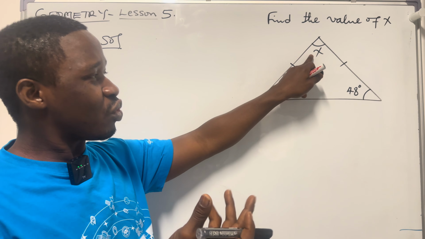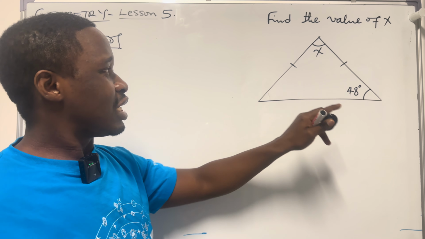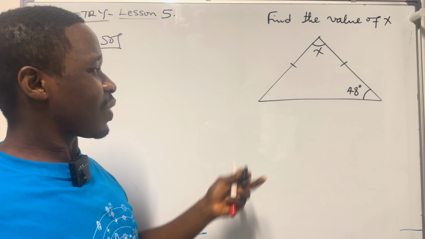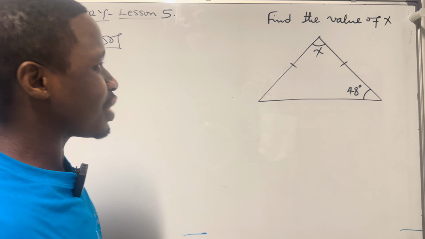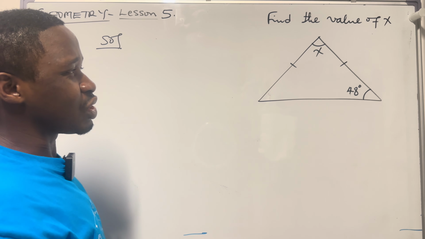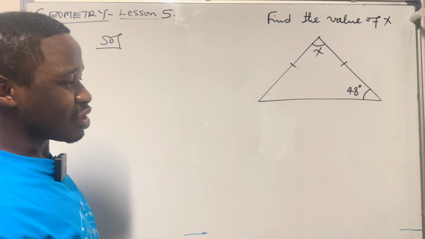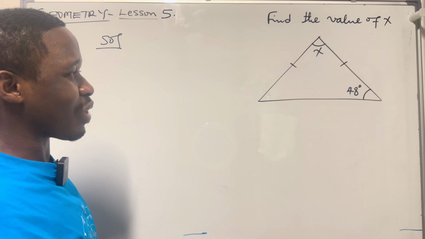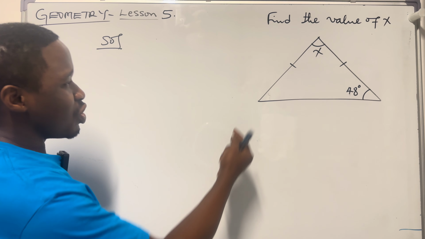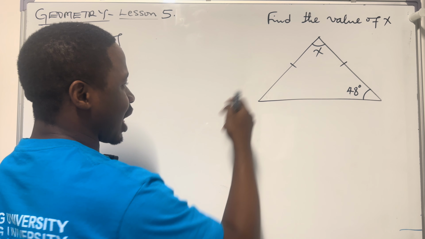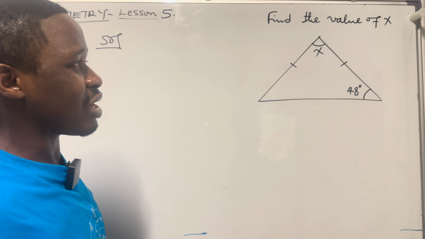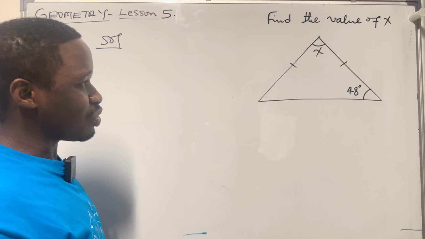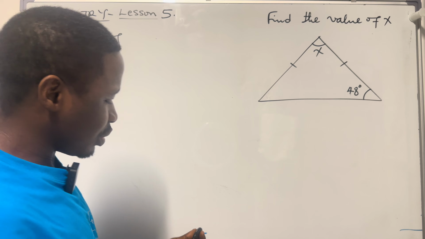Though this one is unknown, this is the only one that is known. So this one is not even given. So we cannot even think of saying sum of angles in a triangle to be equal to 180. Unless we know what is here, we cannot apply the concept.